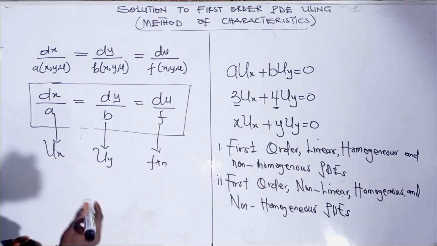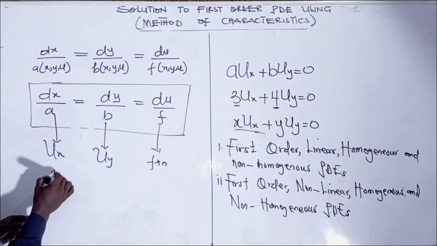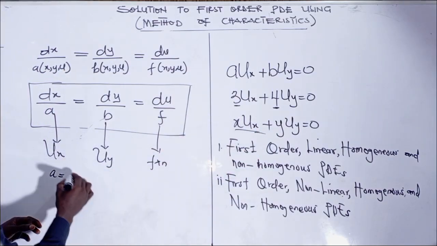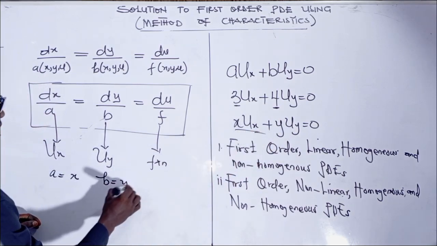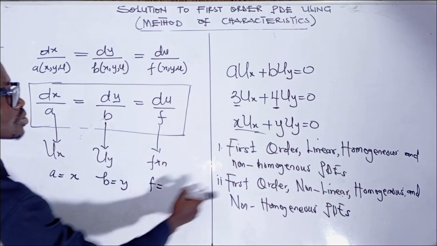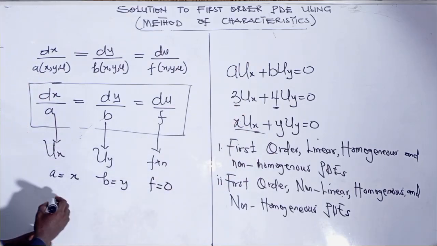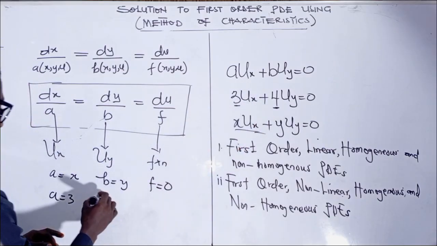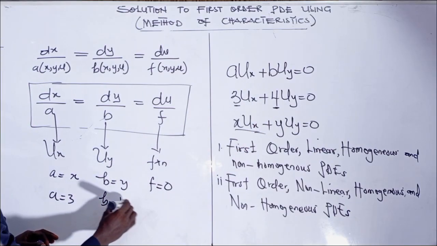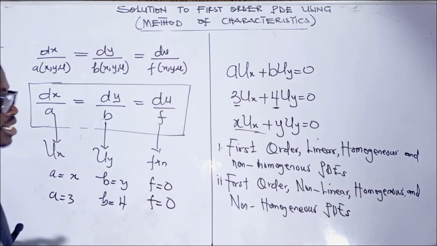So when you have, let's say, a PDE of this form, here our a is equal to x, our b is equal to y, and our f is equal to 0. From this example 2, our a is equal to 3, our b is equal to 4, and our f is equal to 0. Very, very easy and simple.